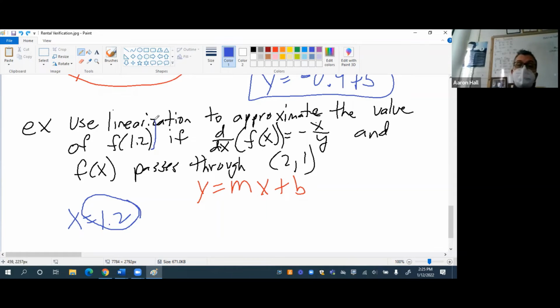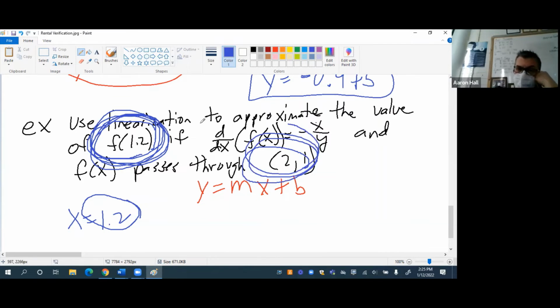Now, is this the point of tangency, or is this the point of tangency? Yes, (2, 1).